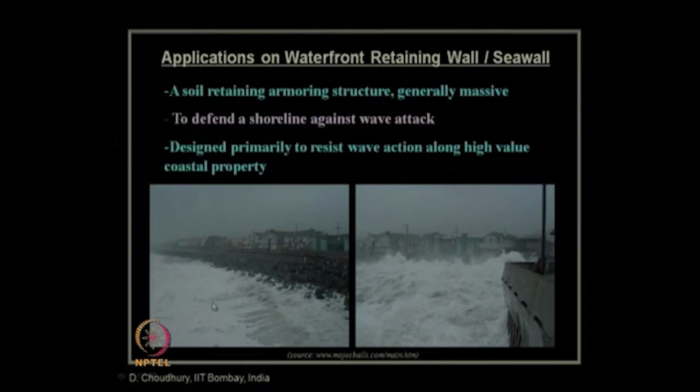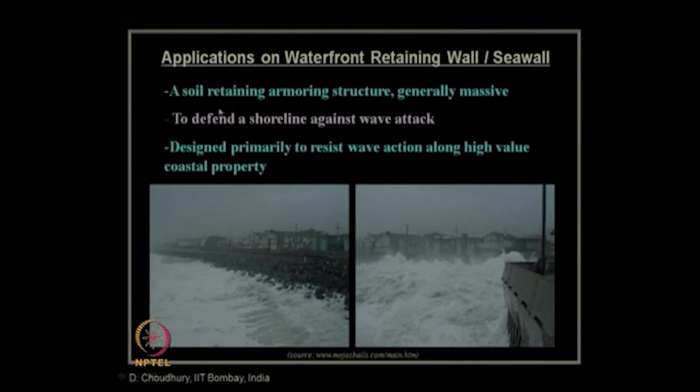Whenever water waves from the sea come and hit the shore, the place where we provide the retaining wall or retaining structure which withstands this water pressure to protect the shore is known as a waterfront retaining wall or sea wall, the same thing with different names.